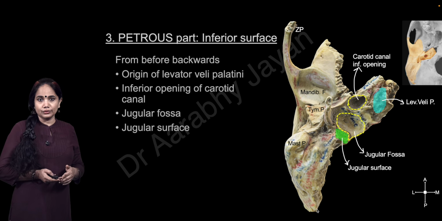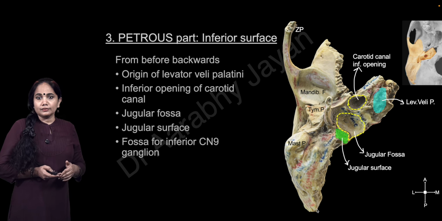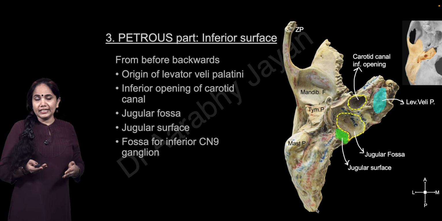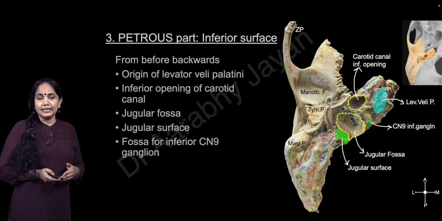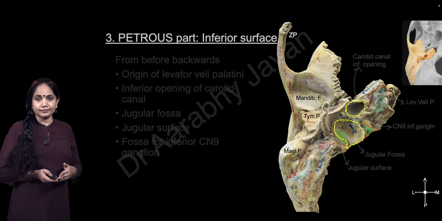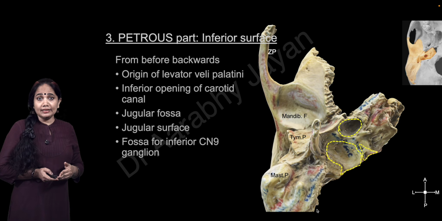the occipital bone. Now, a little medially to the jugular fossa anteriorly, we have a triangular depression. This lodges the inferior ganglion of the cranial nerve 9, or the glossopharyngeal nerve. There are three important canaliculi in this region.